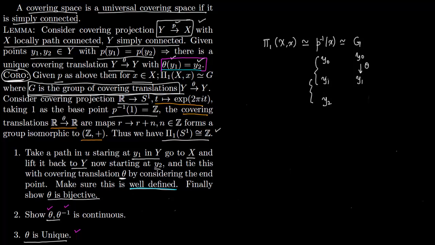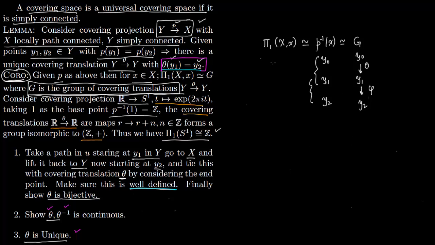Then focus on y1 and y2. Group G would take point y1 to y2. Because you have to find these translations in pairs: if 2 points are projected to the same base point, then you have a corresponding translation. So for y0, y1 you have theta, and for y1 to y2, say you have phi.